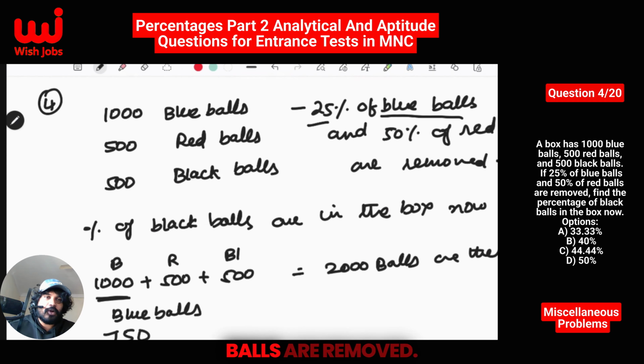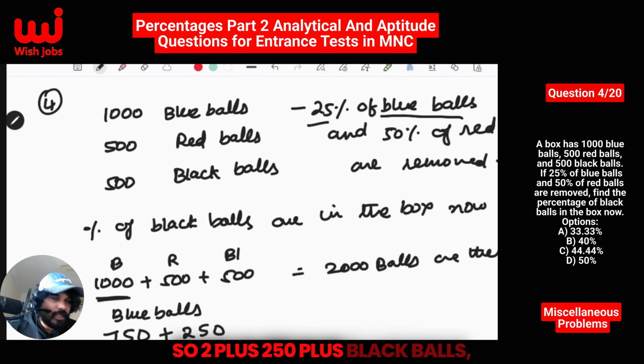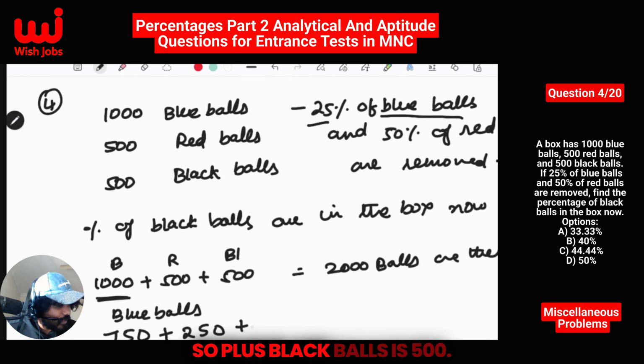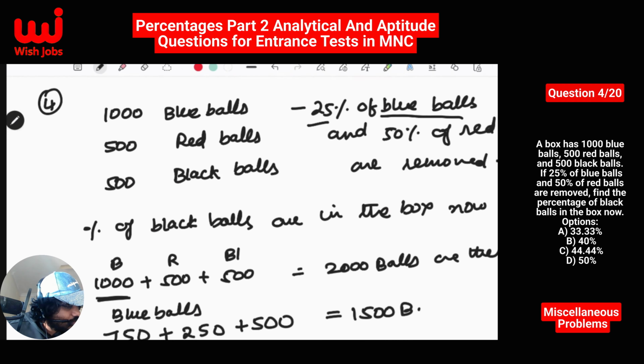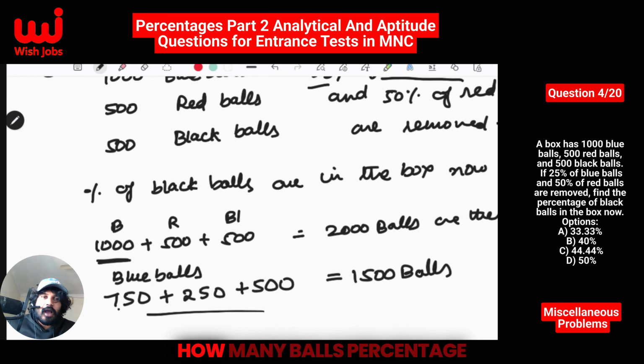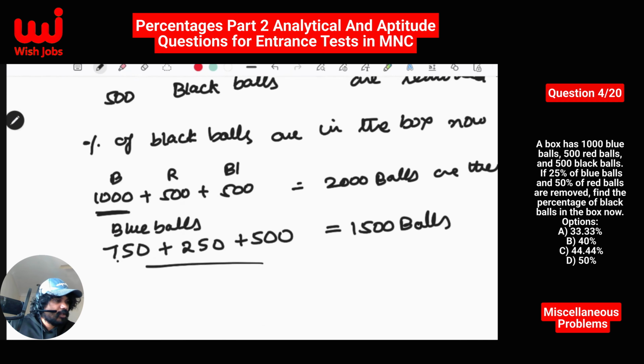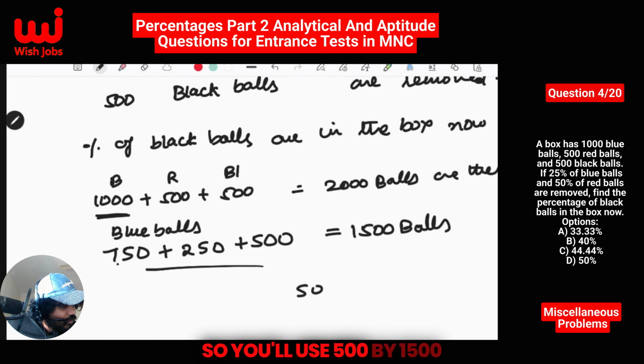and 50% of the red balls are removed, so 250 remain. Black balls, they have not done anything, so black balls are 500. So total number of balls in the box are 750 plus 250, 1000. 1000 plus 500 is 1500 balls. He is just asking what percentage of black balls are there. So you'll use 500 by 1500 into 100%.